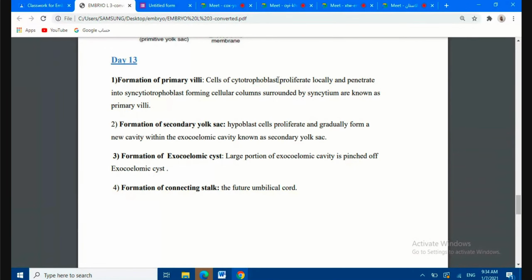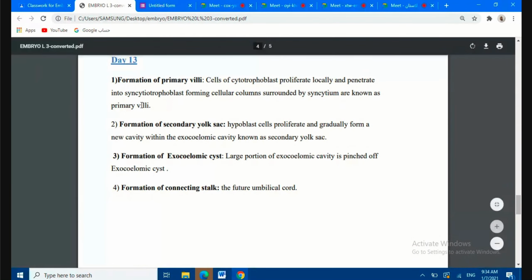Okay. إذا أنا إذا أسألك what is the origin of the primary villi, you're gonna answer cytotrophoblast. So they will proliferate locally and penetrate into syncytial trophoblast, and they will form cellular comb surround the syncytium, and they are known as primary villi.